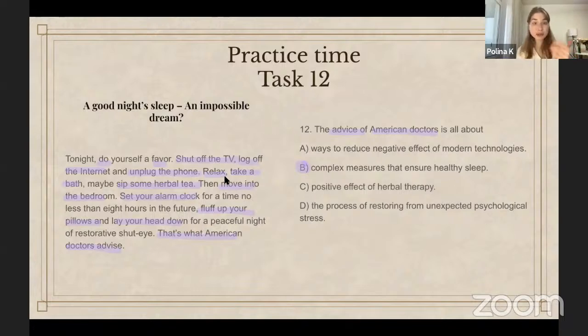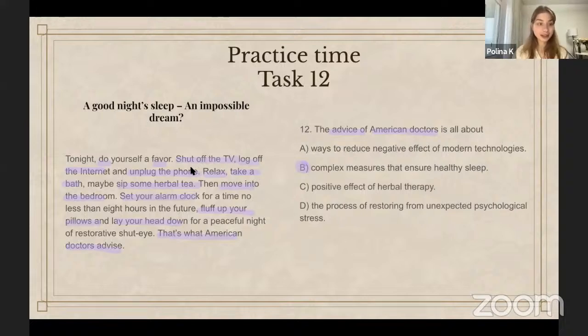Yes, there was a mention of unplugging one's phone, but it's not the core idea here. Then positive effect of herbal therapy. Well, herbs were mentioned, but again, it was not the main point. And then the process of restoring from unexpected psychological stress. The process of restoring, not exactly, it's not even about advice in the first place.